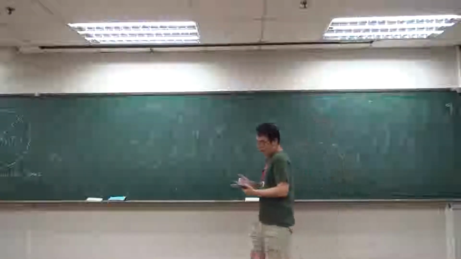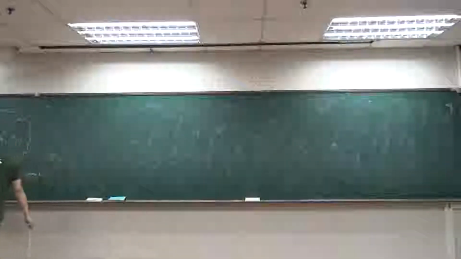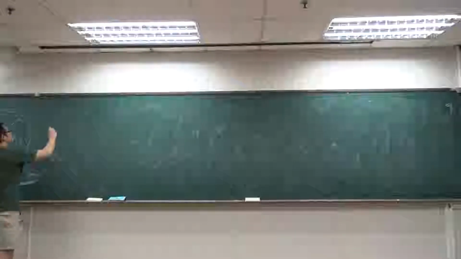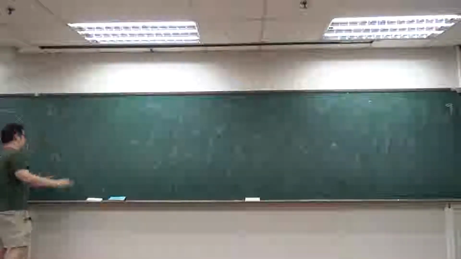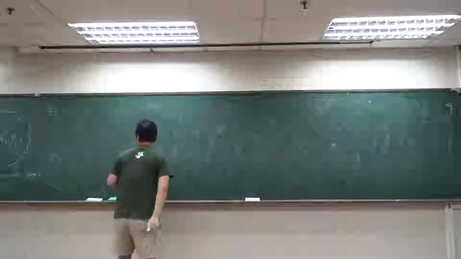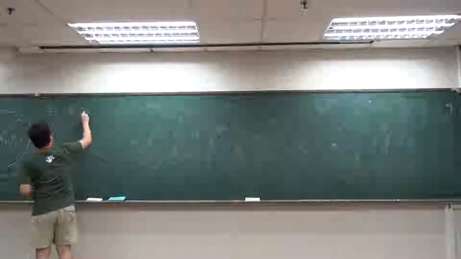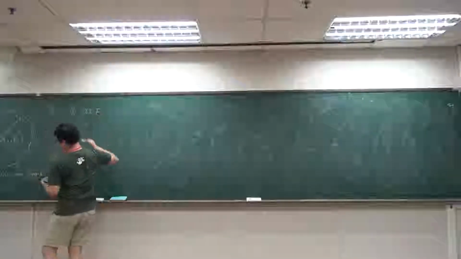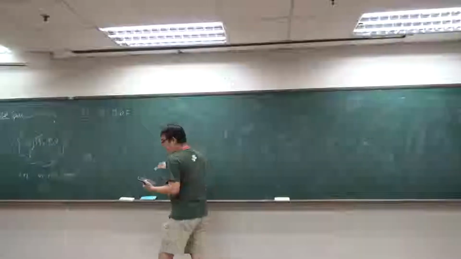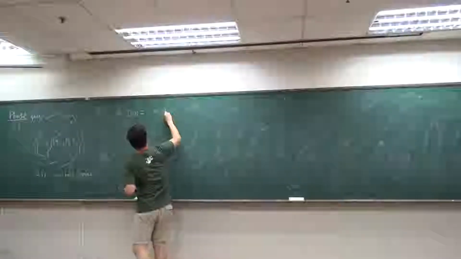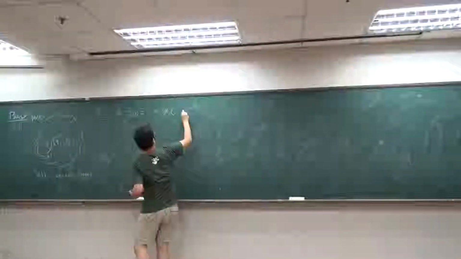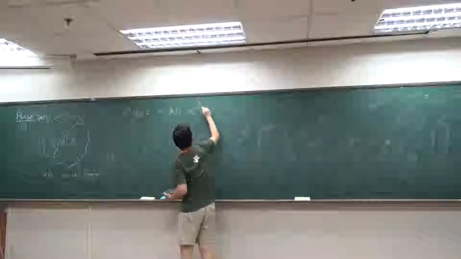Okay, so as a quick example, let's look at a system with 1 degree of freedom. So therefore the phase space M is 2-dimensional.